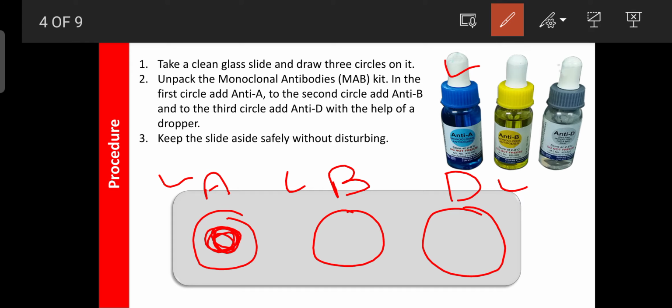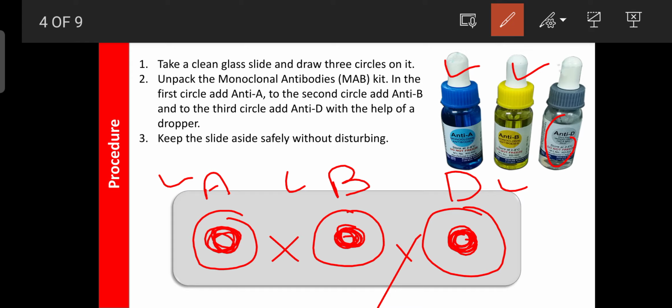Antibody B, or anti-B, you can put here in a small drop with the help of the droppers. In circle D you can drop the anti-D solution, and keep the slide safely without disturbing it. You should avoid intermixing of these solutions.